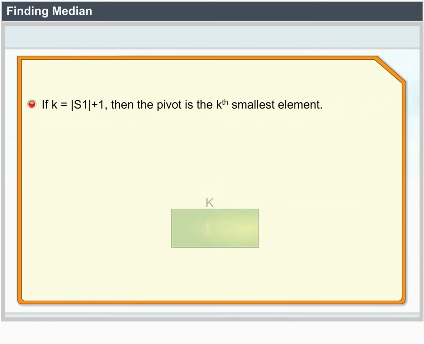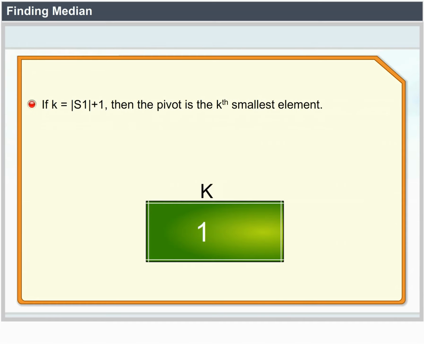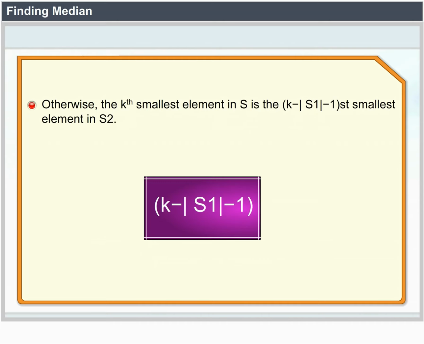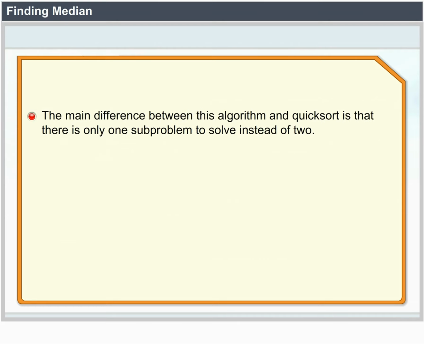If k equals |S1| plus 1, then the pivot is the kth smallest element. Otherwise, the kth smallest element in S is the (k minus |S1| minus 1)st smallest element in S2. The main difference between this algorithm and quicksort is that there is only one subproblem to solve instead of two.